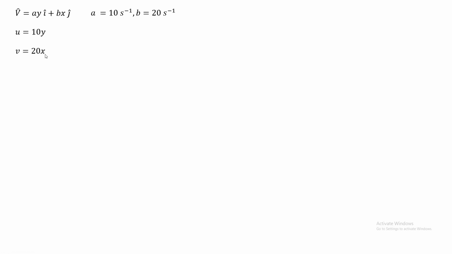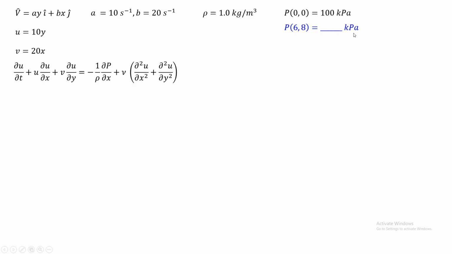We have also been given that the density of air is 1 kilogram per meter cube, and the pressure at 0, 0 is 100 kilopascal, and we have been asked to find the pressure P at 6, 8, right? We have to give the answer in terms of kilopascal.